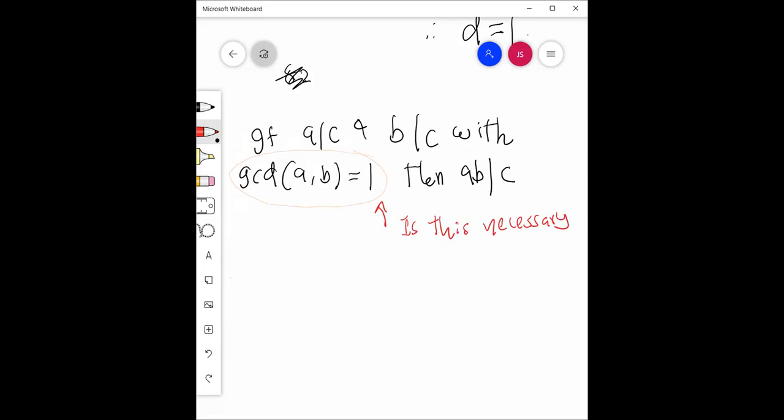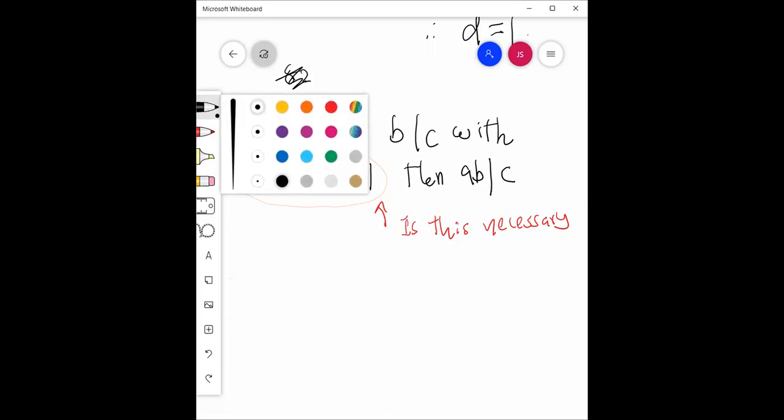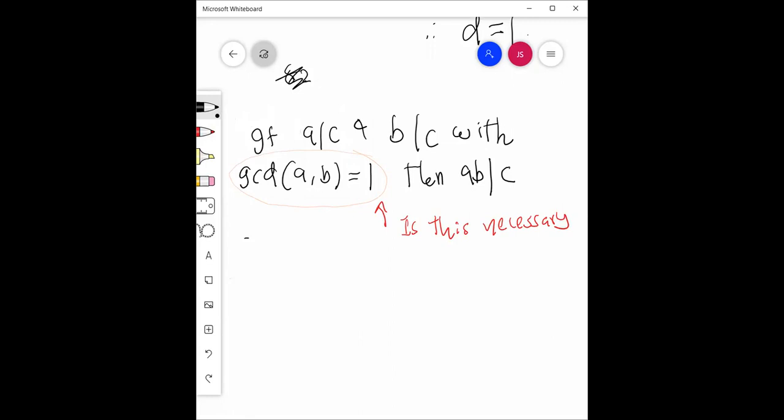That means if it is not necessary, you can give a counterexample. I mean, if it is necessary, you must give a counterexample such that A divides C and B divides C, but AB doesn't divide C. I mean, if we remove that condition, can you remove that condition? Actually, I'm waiting for your answers.